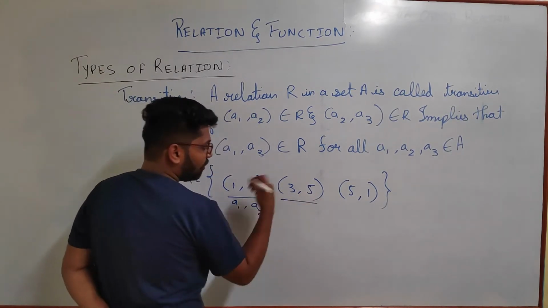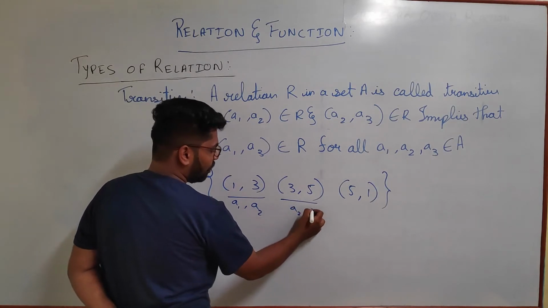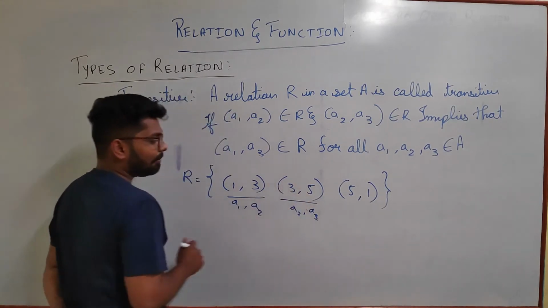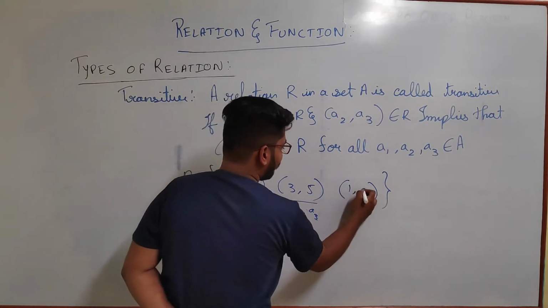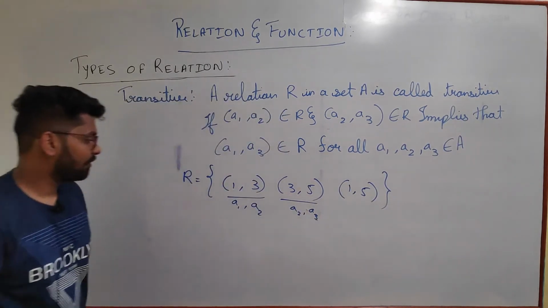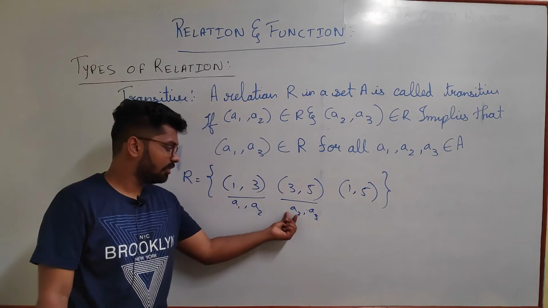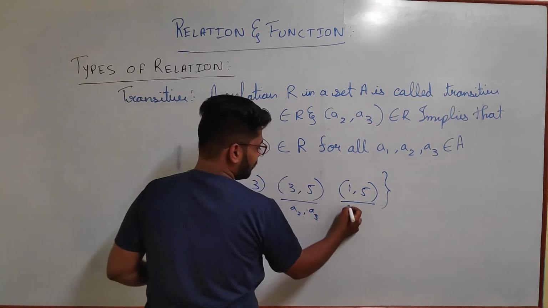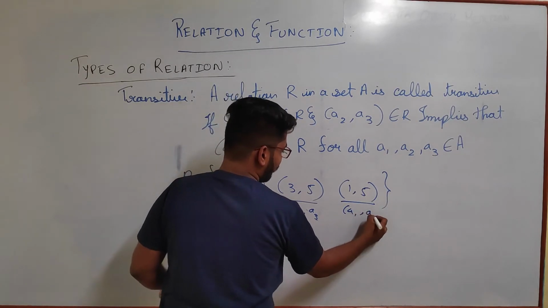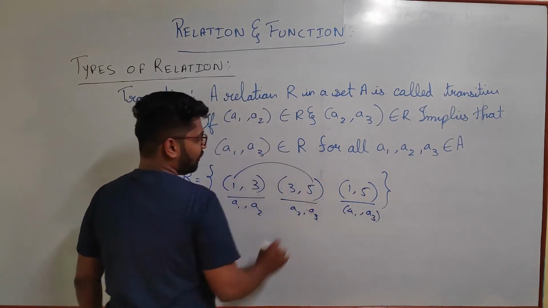And now (3,5) is there, which is like (a2, a3). Now what happens? You should get (1,5). So this is like (a1, a2), this is like (a2, a3). Then what is your set? It is (a1, a3), which is (1,5).